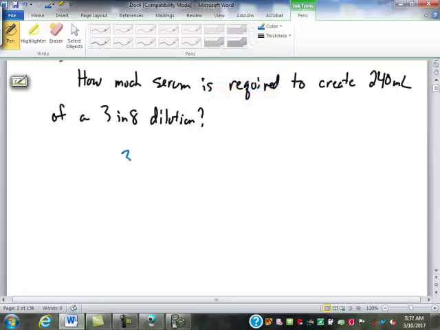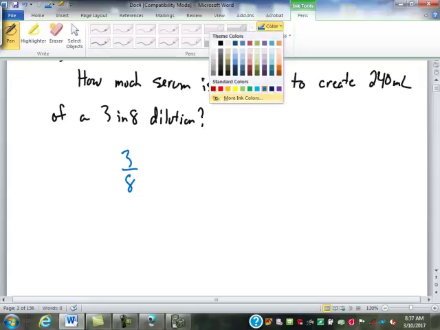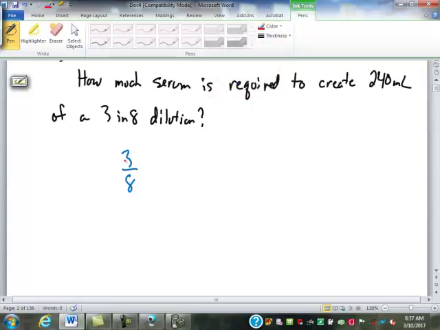So again, I'm going to write out the 3-in-8, the dilution, and I'm going to label it. The 3 represents the parts of serum. The 8 represents total solution, total parts.